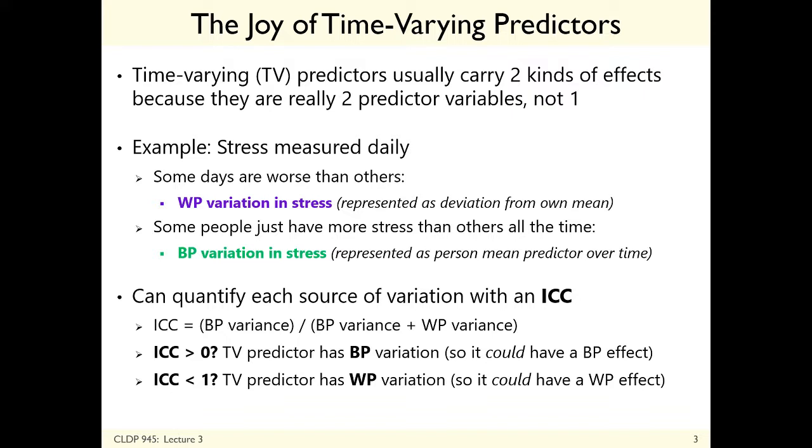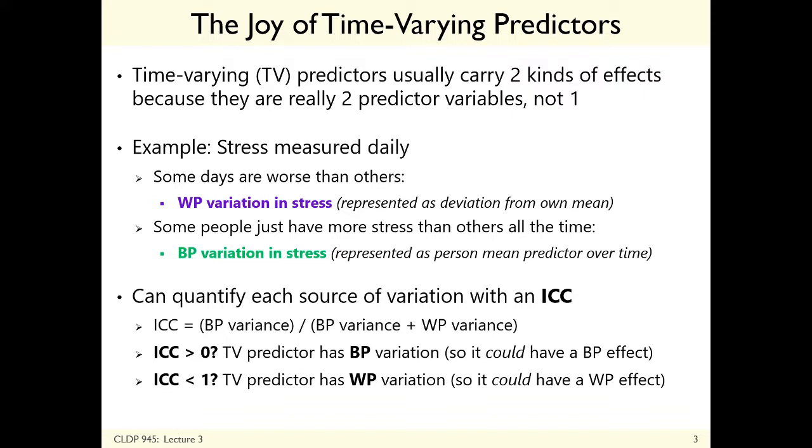Now think about something where we have both between and within person variation, like stress measured over time. If it has an intraclass correlation greater than 0, you know there's at least some between person mean differences. Those between person mean differences can have an effect. If it has an intraclass correlation less than 1, we know it has at least some within person variation.